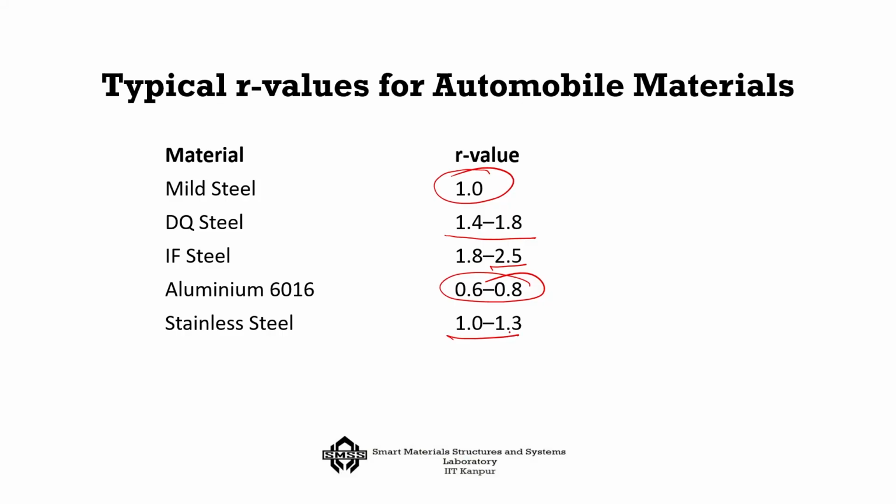Which means if you want to give some complicated shape of automobile using aluminum, then you have to take a lot of additional precautions. Stainless steel you can see is also not having a very high value. So, the best things that you are achieving are from the DQ steel and interstitial free steels.